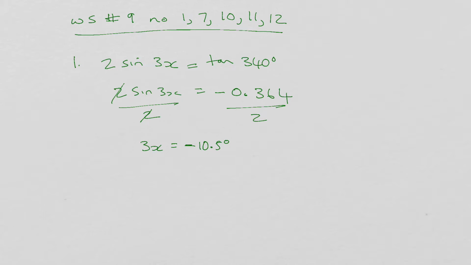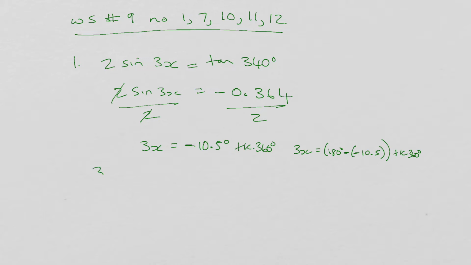That's our angle. And then it's sine, so we're going to do exactly the same as we would usually do, and we're just going to say plus K360. And then the other general angle is 3x is 180 degrees minus negative 10.5 plus K360.